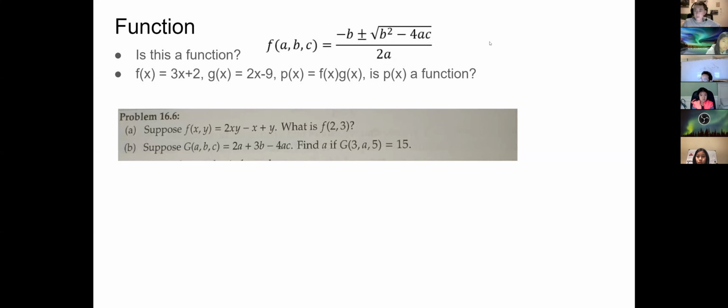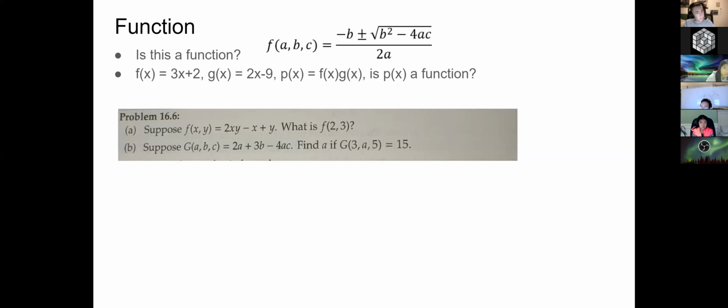So is this a function? Anyone? Yes. Somebody said yes. That was me, Dylan, from Team 3. I think it's no, because each input can't have more than one output in a function.